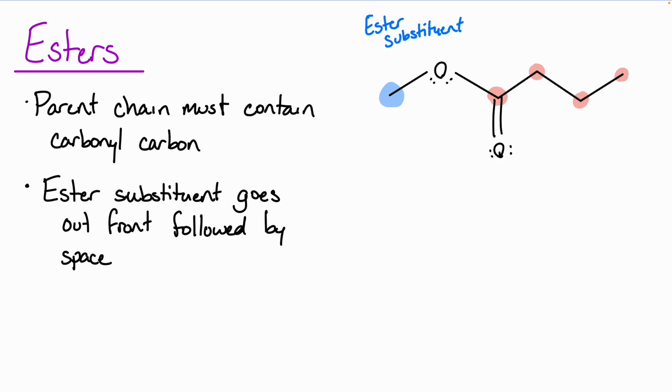So in this case, it's a 1-carbon ester substituent, so this would be a methyl. All right, followed by a space, and then we include our butanoate parent chain. So methyl space butanoate.